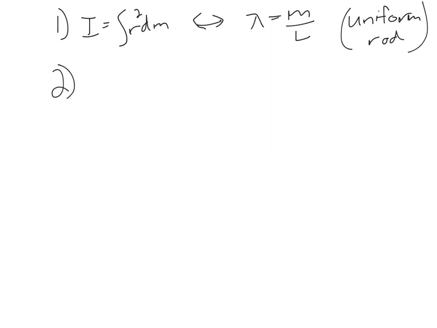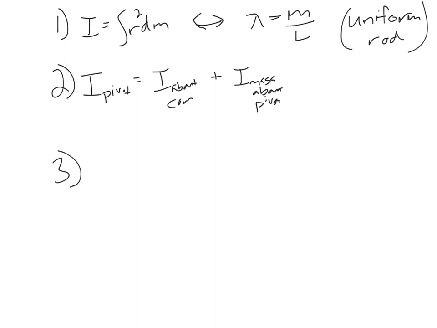Two, you have to know the parallel axis theorem, that the rotational inertia around a pivot is equal to the rotational inertia about the center of mass plus the rotational inertia of the mass about the pivot. And then the third would be that the rotational inertia of a system is just the sum of the rotational inertia of its parts.